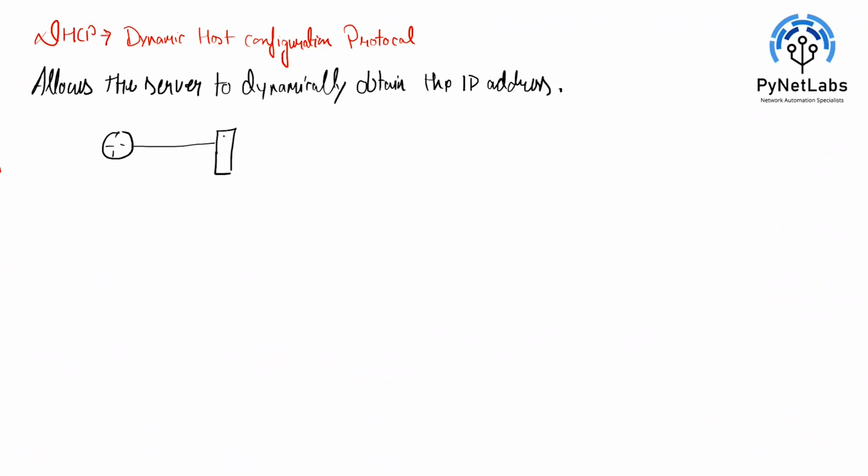This is your network switch, and your switch is connected to some clients in the network: first client, second client, and third client, right? So you have 3 clients connected. Now in your organization, if you have more than 100 computers, is it a possible solution that on every machine you will go and assign the IP address statically?